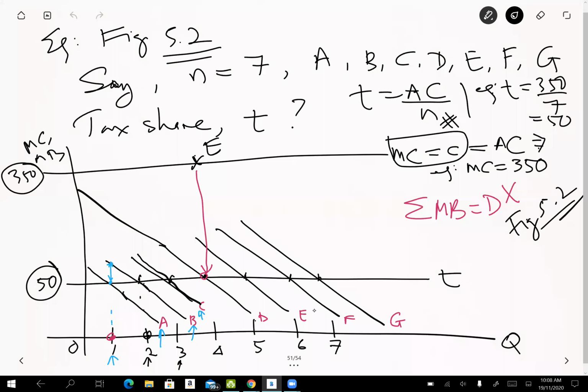That means where is the output level that the marginal benefit is just equal to the tax for that guy E. What is the quantity? What is his most preferred choice for voter E? 5. It'll be 5.